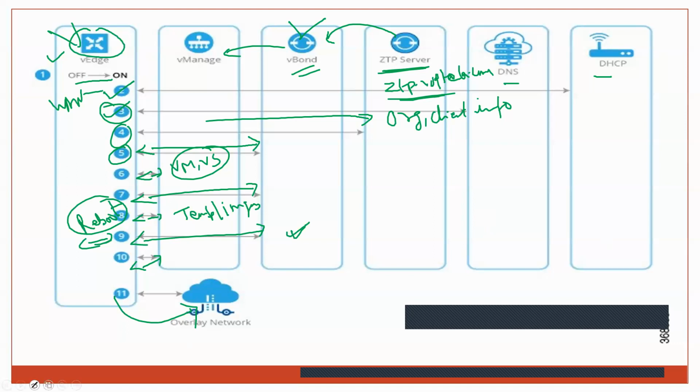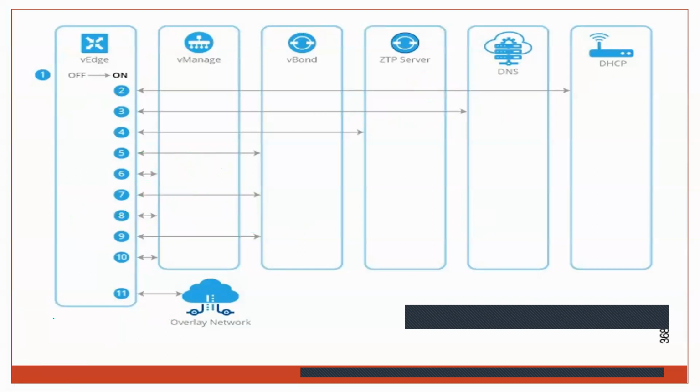So after it completes the configuration, the device will be rebooted, right? Yes, it will get rebooted. And once it is coming up for the first time, it will authenticate with vBond, and after that the connection to vBond will be disconnected, and then it will directly connect to vSmart. 100% right.